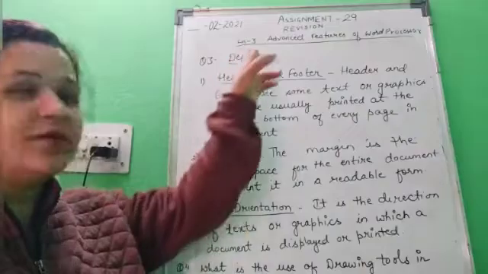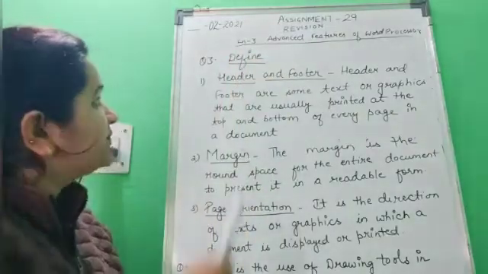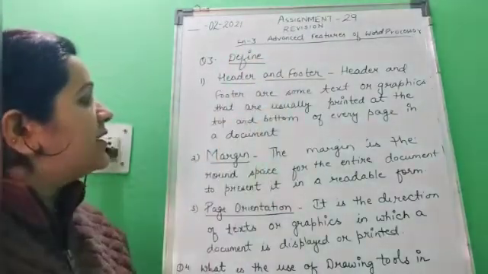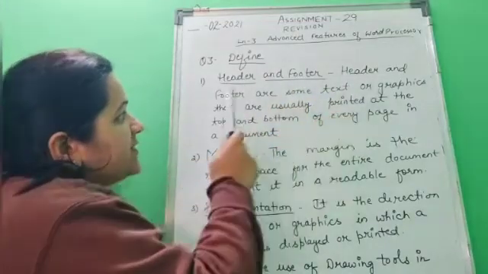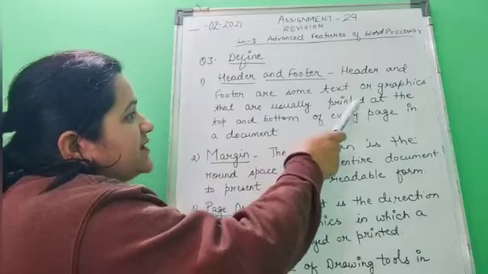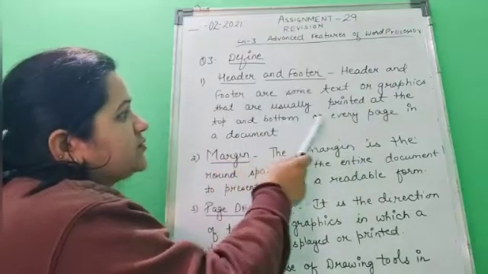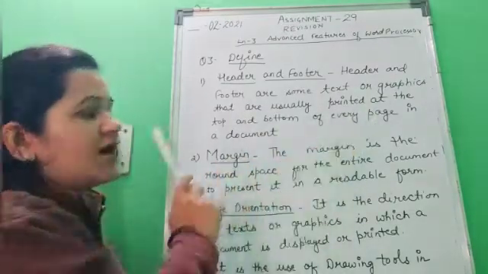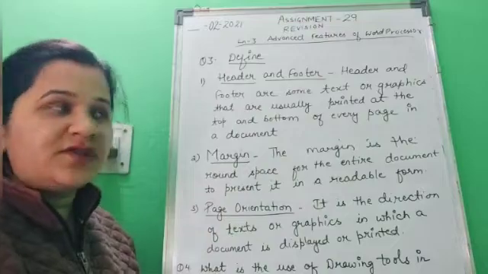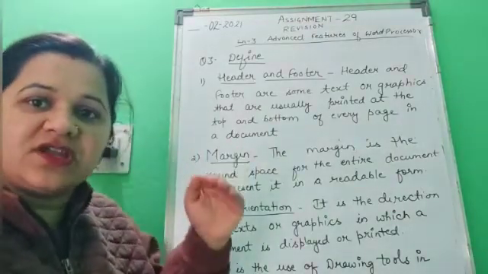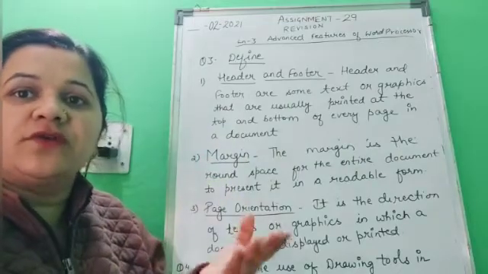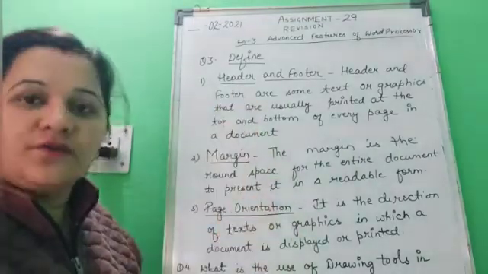Here comes question number 3. Define header and footer. Header and footer are some text or graphics that are usually printed at the top and bottom of every page in a document. Suppose, children, we want a particular heading to be printed on each and every page of a document, so we use header and footer.